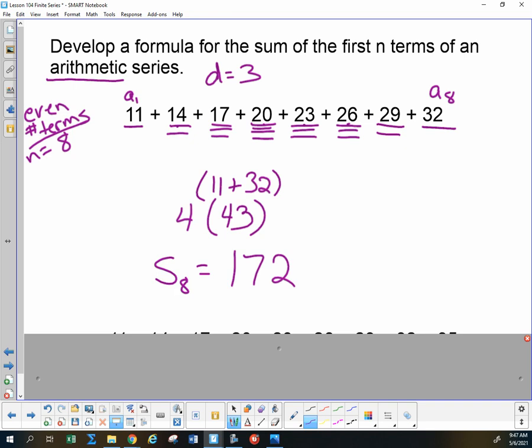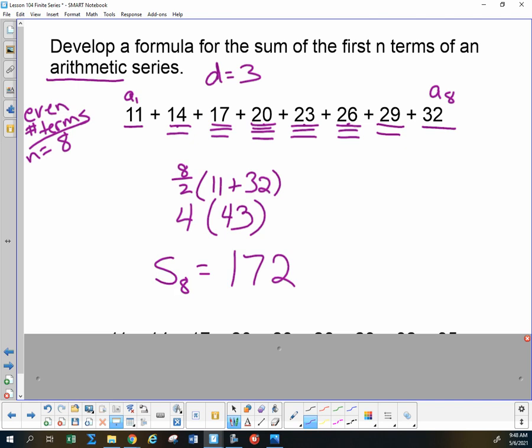So now let's look at what we did here. I had 8 things, and I put them in pairs. Isn't that just division? 8 divided by 2 would tell me how many pairs I can get. If I had 16 terms, I could get 16 divided by 2, or 8 pairs if I matched them all up. So what I had right here was my 8 divided by 2.